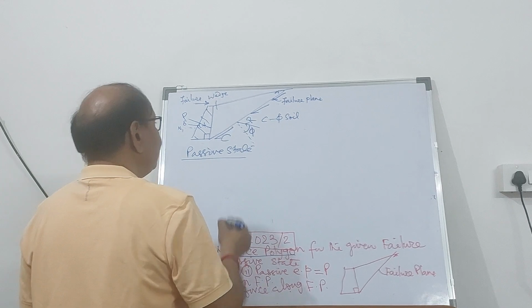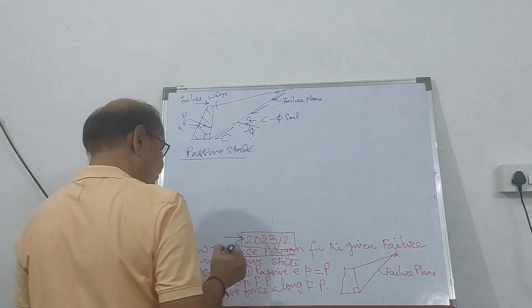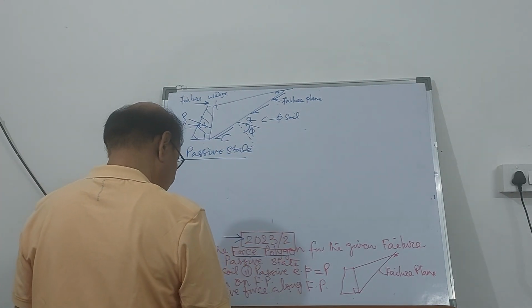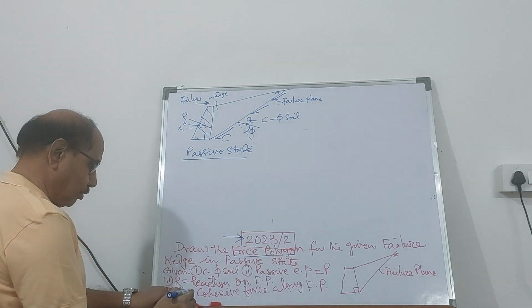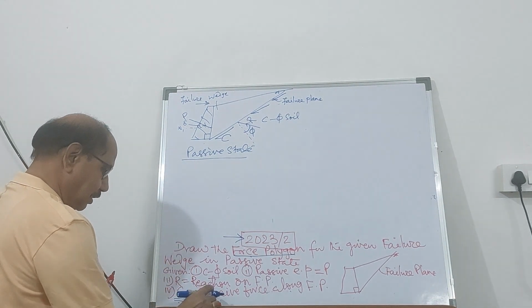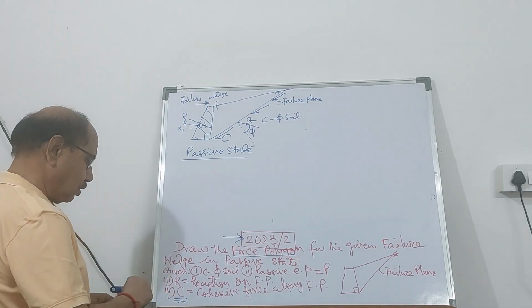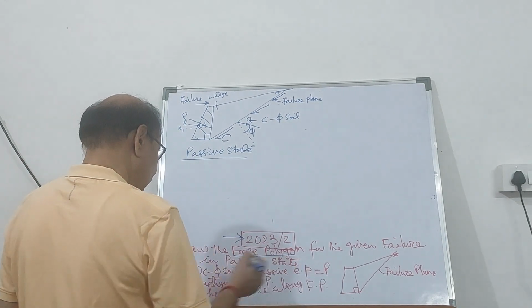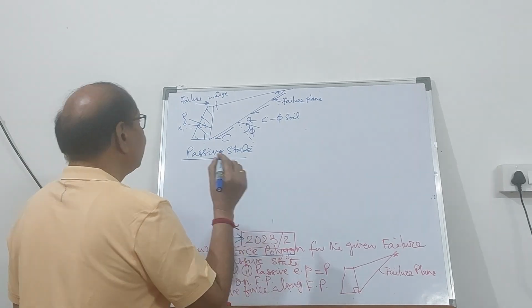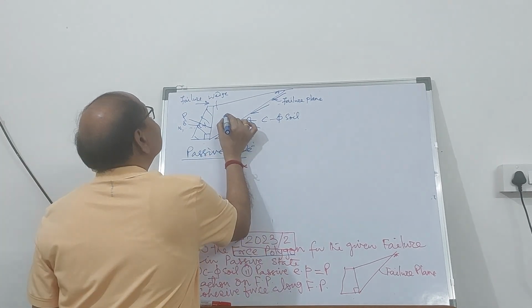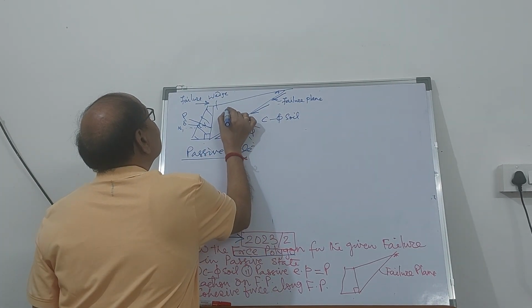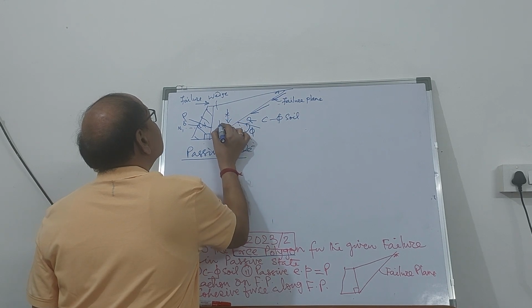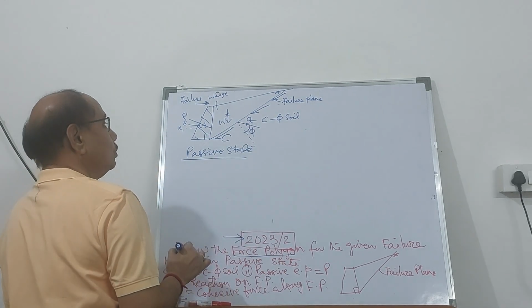So on the failure plane, this is the cohesive force C. So all the forces are known to you, and let's say the weight of the wedge is W in passive condition.